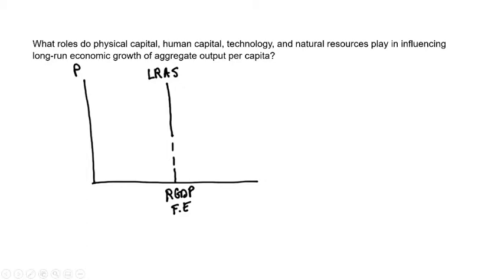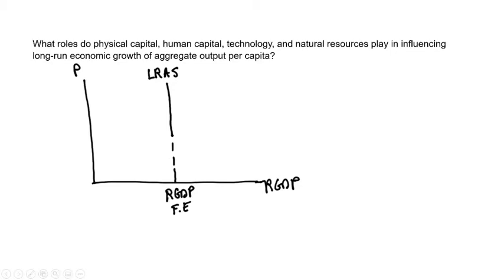All right, so we have the price level and we have the real GDP right here. But are we stuck at this level of real GDP forever? Is this our economy's capacity forever?